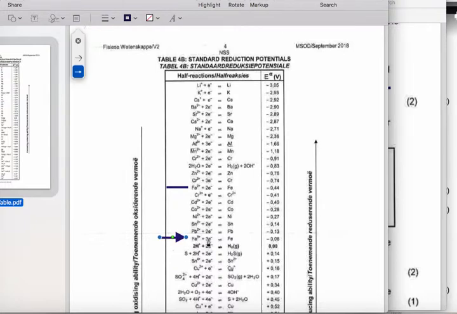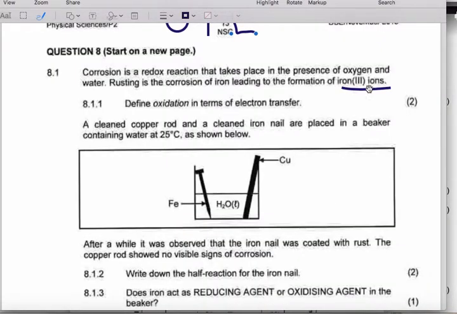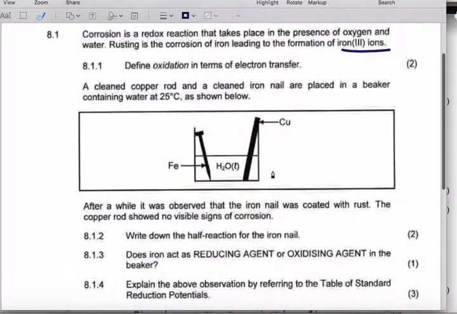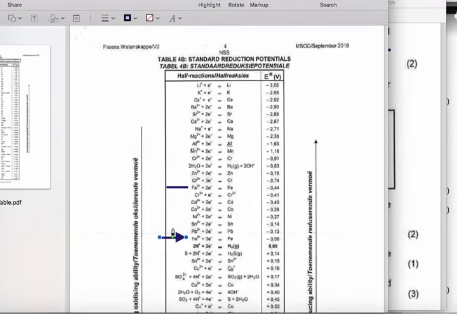Fe3 plus 3 electrons goes to form Fe, 0,08. Remember it said that it was a valency of 3. So let's go back to our question. See, there's the 3. And there's your Fe, and there's the Fe3 ions. So when we write down the half reaction for the iron nail, we just straight copy this half reaction down.